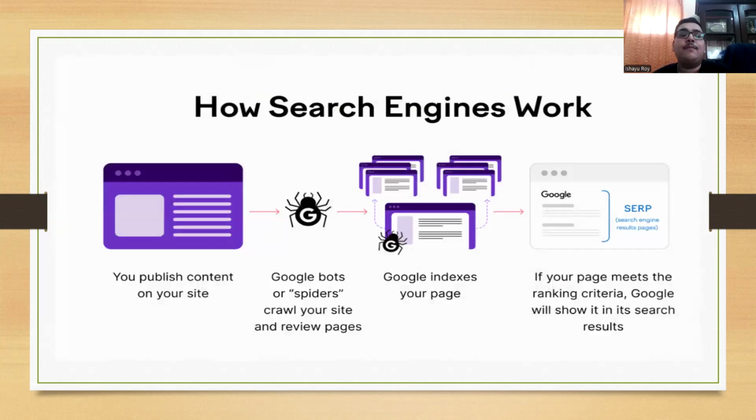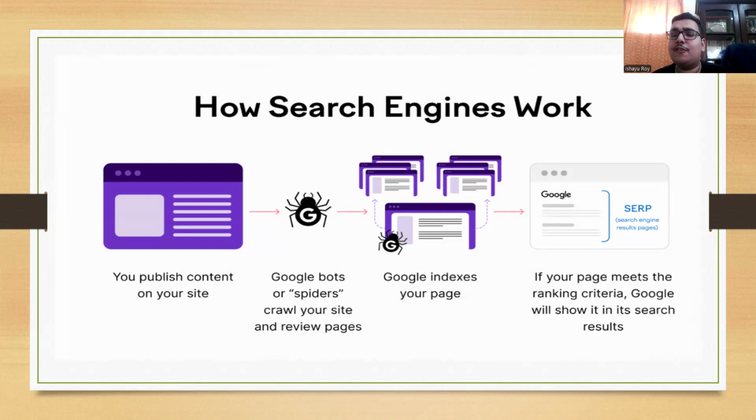Following is a diagram which represents how Google works on getting its data. For example, you are publishing an article, let's say about military diplomacy, on your website. The Google bots or spiders will crawl and review your pages. So the Google database gets aware that okay, there is a site which has an article or report about military diplomacy, and then your page is indexed.